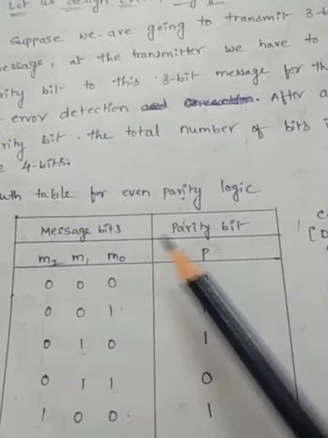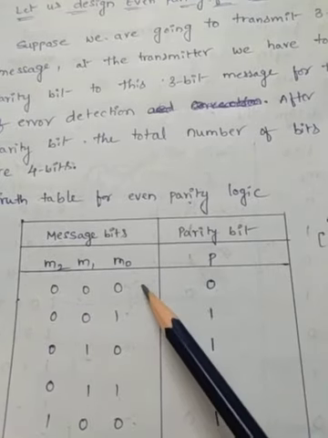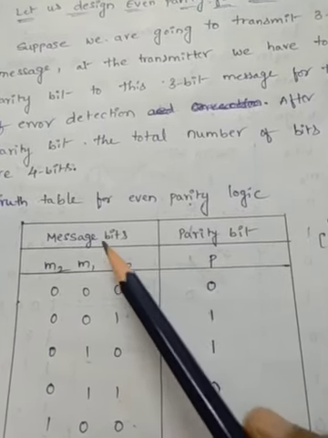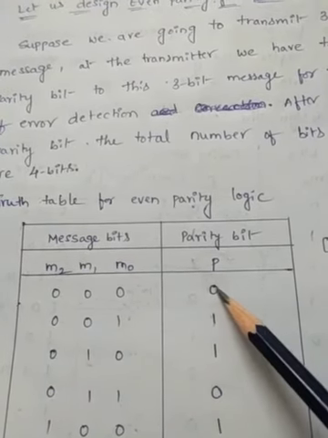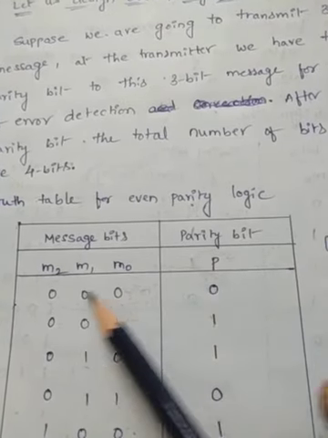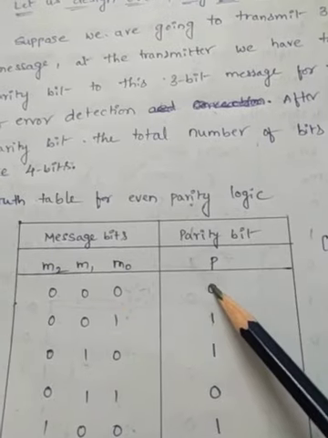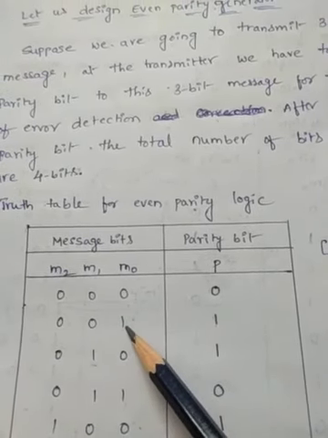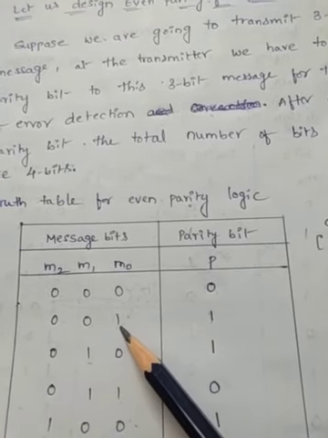Okay. So here 0, 0, 0. Zero ones means an even number of ones in the message bits. So there is no need to add the parity bit as 1. The message bits already contain an even number of ones, so the parity bit is 0. Next, 0, 0, 1. In this case, the message bits contain an odd number of ones.